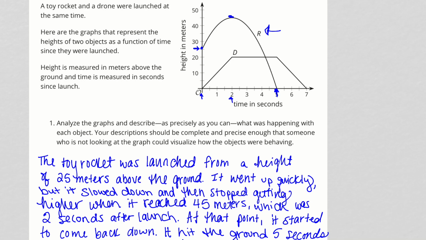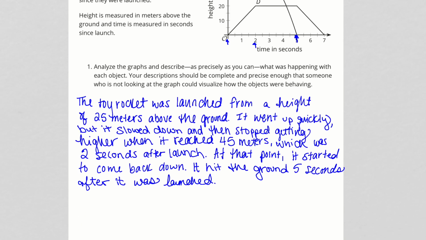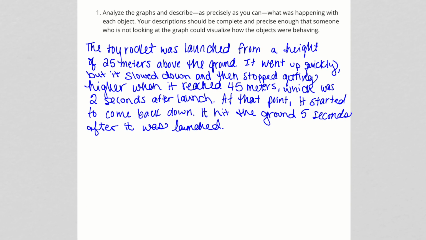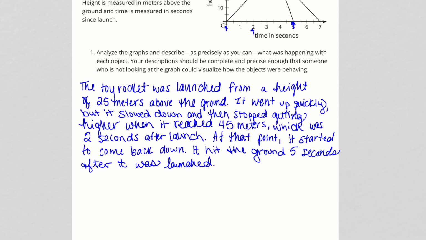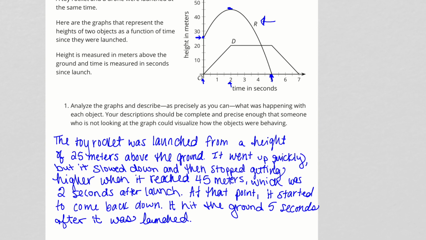Now let's look at the drone. So the drone took off from the ground. So here's our difference. The rocket took off at 25 meters. The drone took off right here. So at 0 seconds, we can see the drone right here at this point.